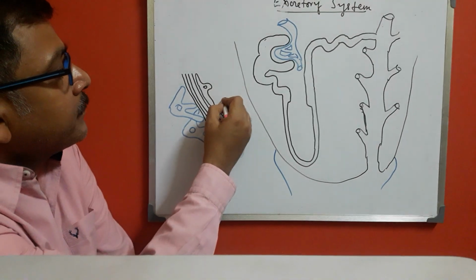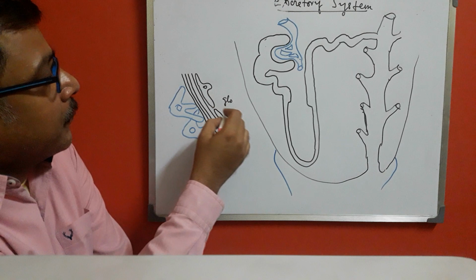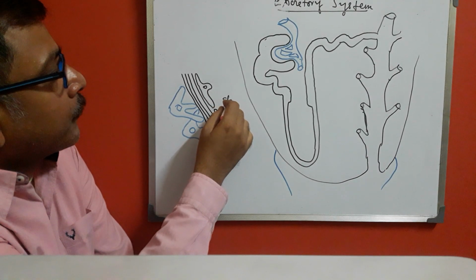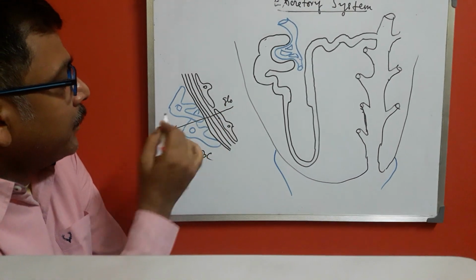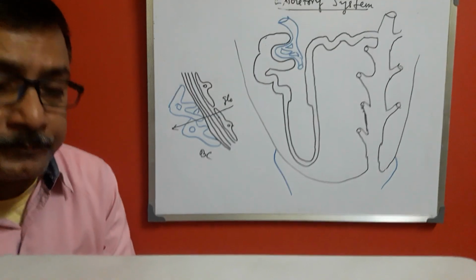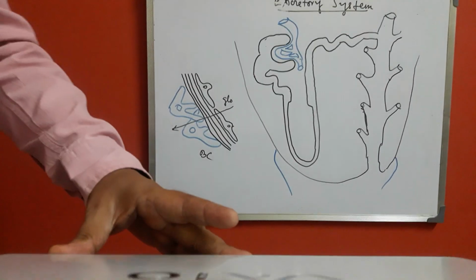This is the glomerulus and this is the Bowman capsule. Now you see the structure, and this membrane is called the filtering membrane.